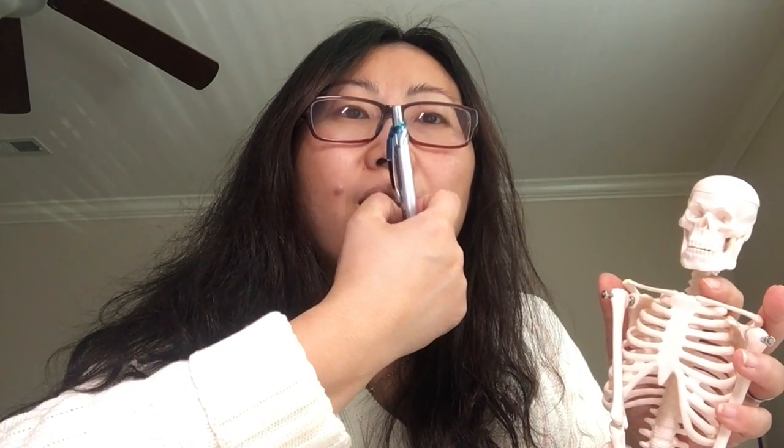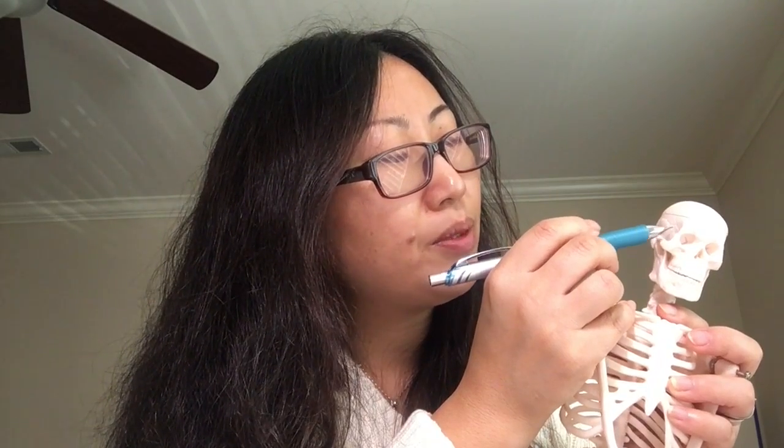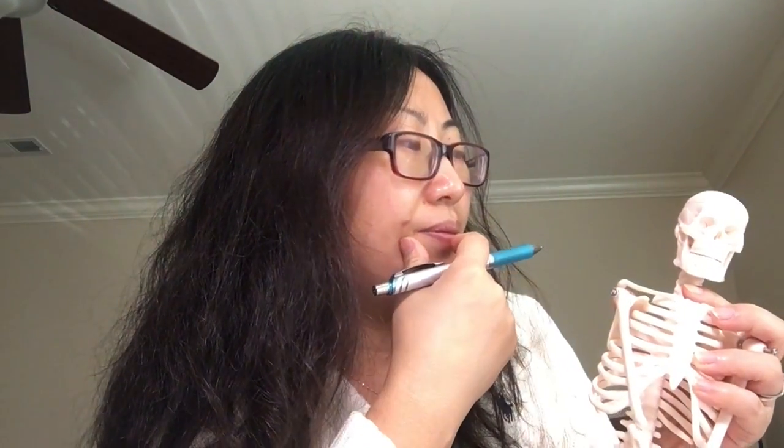I think I got everything. Here there's a little piece right beside the temporal bone, which is called the sphenoid bone right there. Let me double check my list. Yep, I think I covered everything.